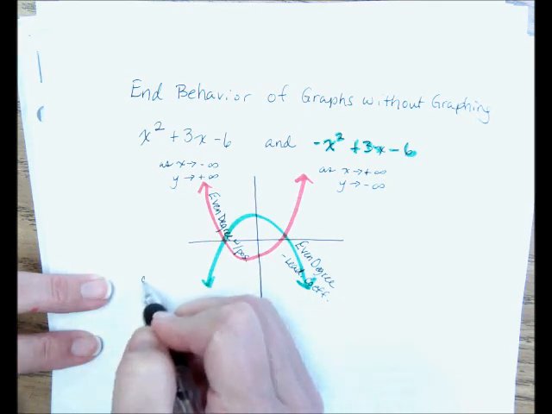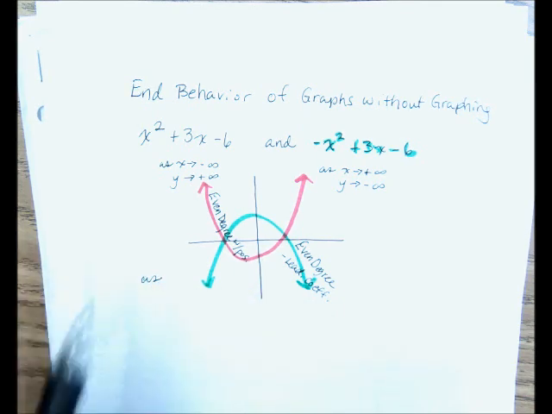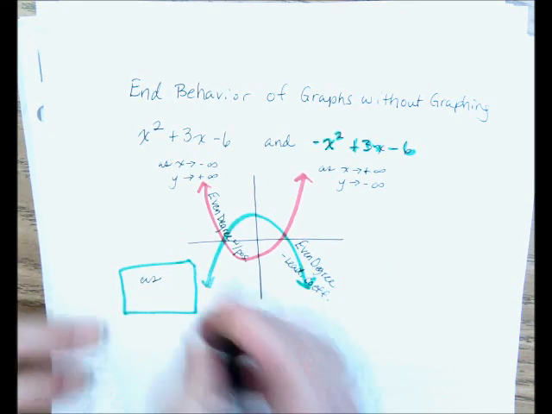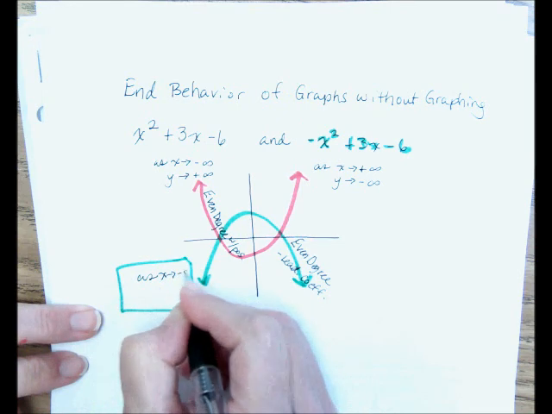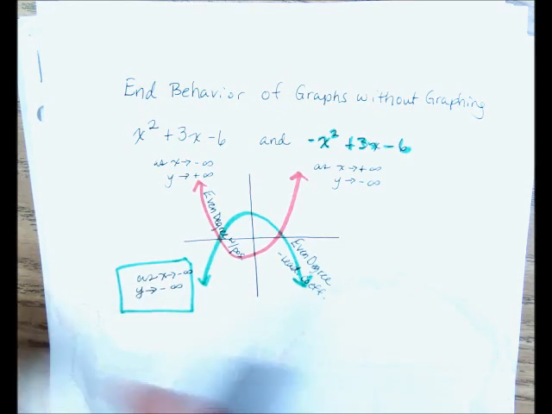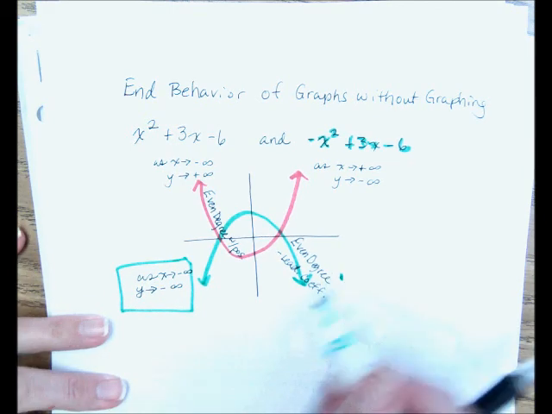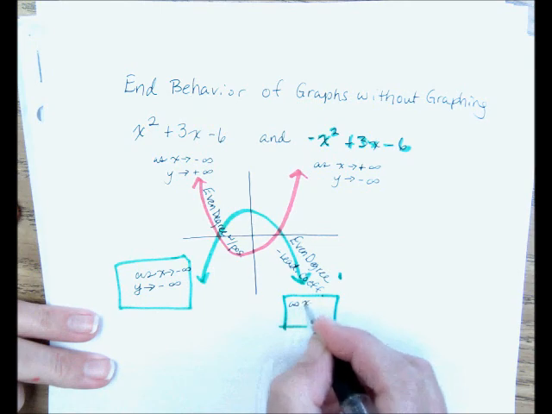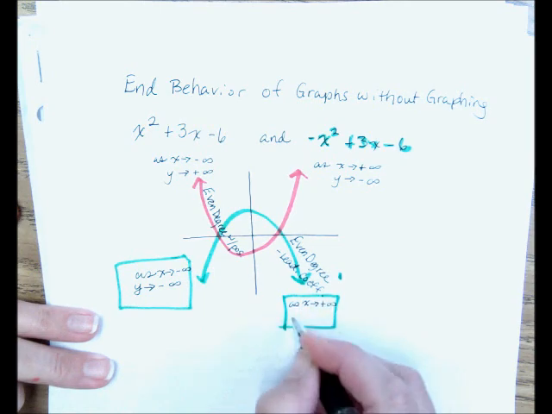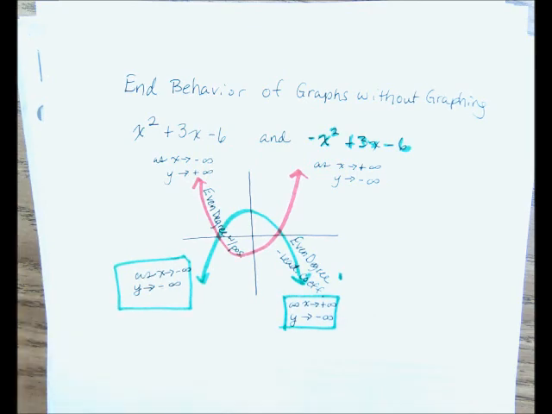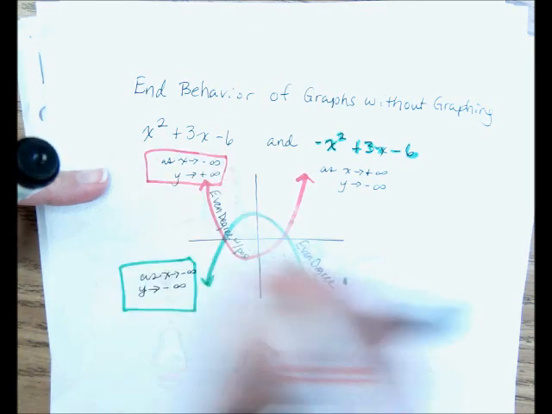And I'm gonna put a little box around this so you can see which one belongs to which. So as x approaches negative infinity, y is going to also approach negative infinity. And over here, as x approaches positive infinity, y is going to approach negative infinity. So that's my end behavior for those graphs.